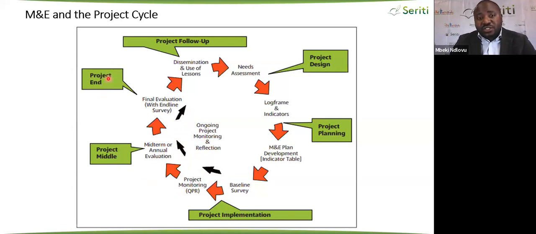And at the end of the project, we have a report that shares information on the extent to which the project succeeded in attaining the goals, and also some lessons that are learned. If the project were to continue for another period, you use those lessons to fit into your design. You make your design much better when you do the next cycle.